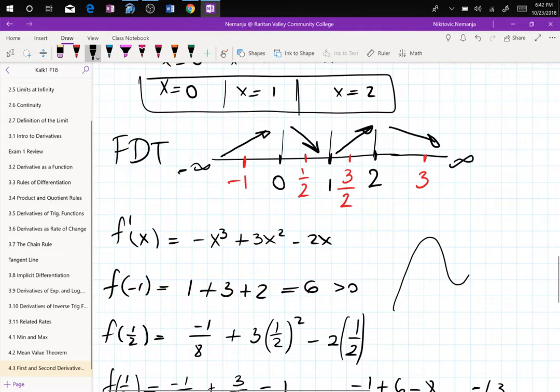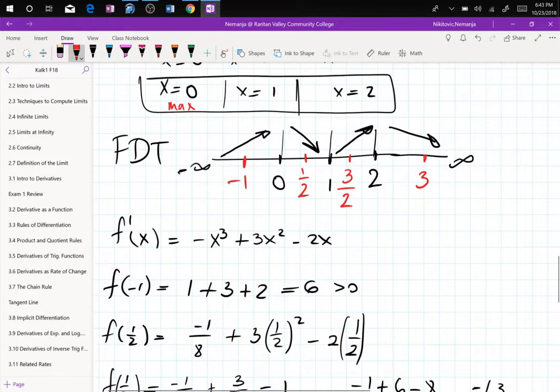So the function should look something like this forever. What have we discovered? We discovered that your critical point at 0 is a max. That's a max at 0. There you go.